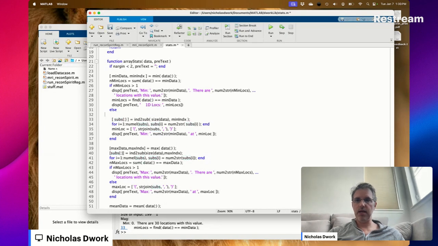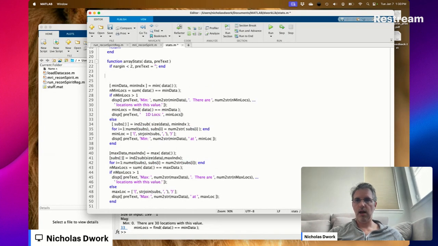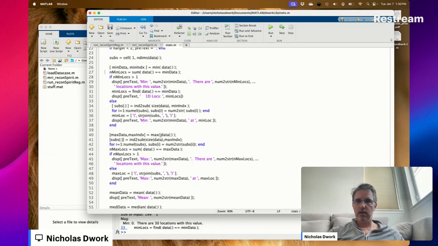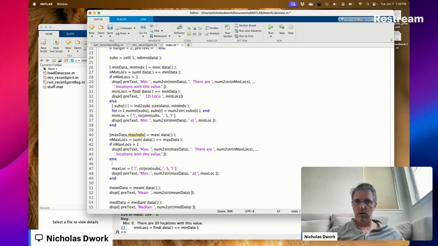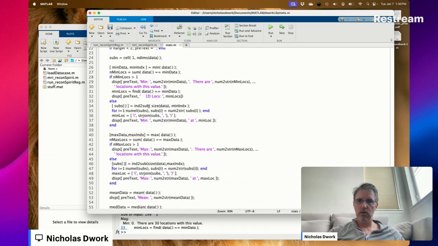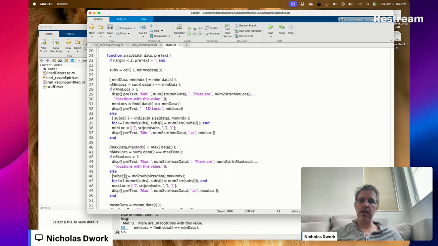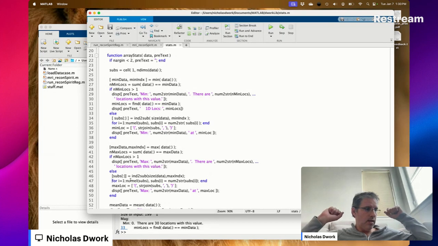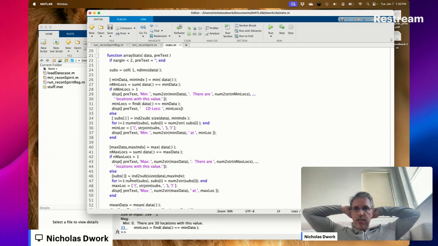And I had subs out here because it gets used both for the min and the max. Okay, but like I said, I was only doing that when there was only one location that reached the minimum or maximum value.